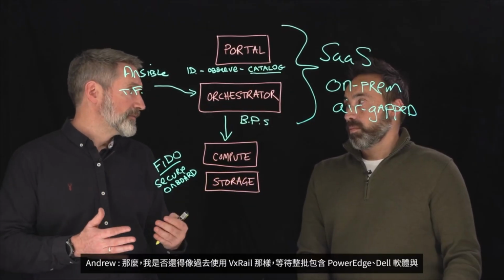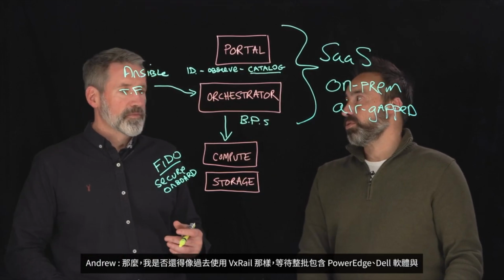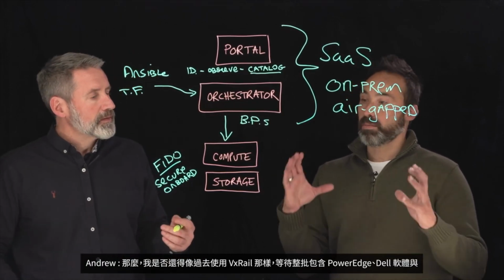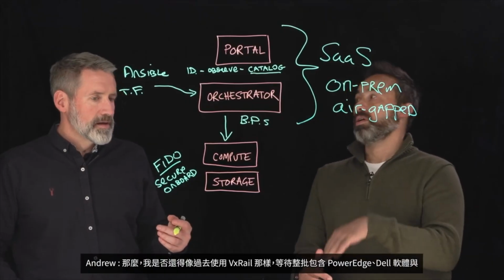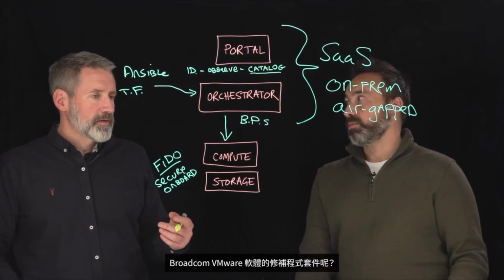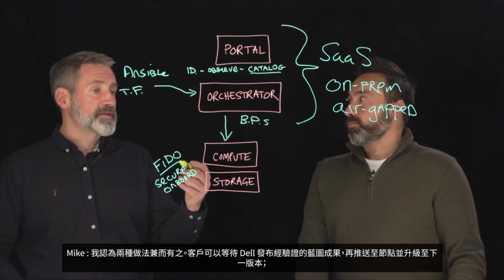And do I have to wait for those patches in the same way that I used to with VxRail, in terms of a bundle of patches that include the PowerEdge, the Dell software, and the Broadcom VMware software? Yeah, I think the answer is a little bit of both.